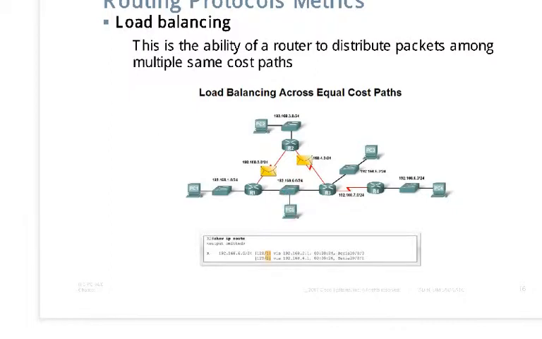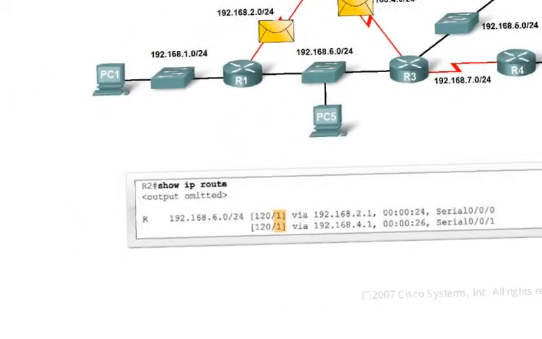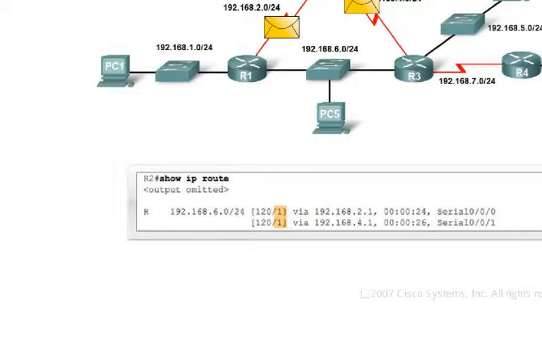If the cost of those two routes is exactly the same, the routing protocol will say, okay, I will maintain both routes in the routing table. This reads that in order to reach this destination, you have a distance of 1, but you have 2 possible next hops.